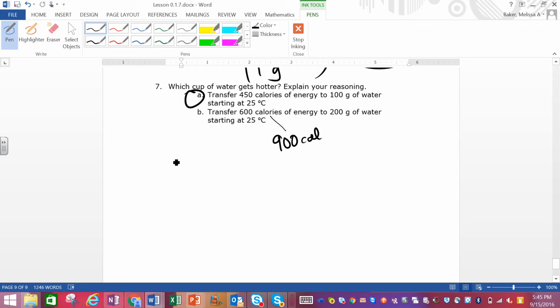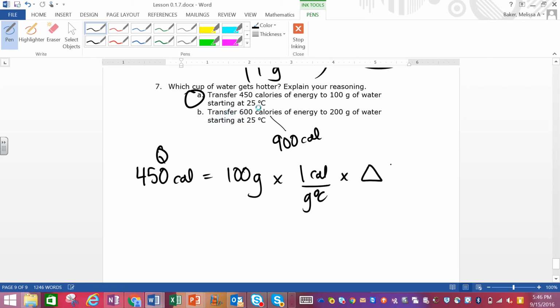We can also use some math to prove this. So let's just back up our answer with math, even though it doesn't say we have to. 450 calories is the Q. So if I set this up, mass of the water times the specific heat, in calories, is 1 calorie per gram degrees Celsius, and I want to figure out how much the temperature is going to change by.